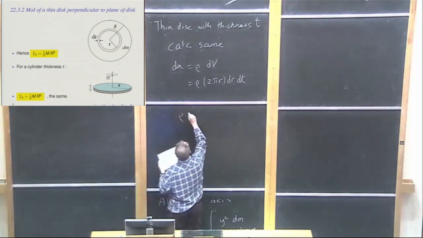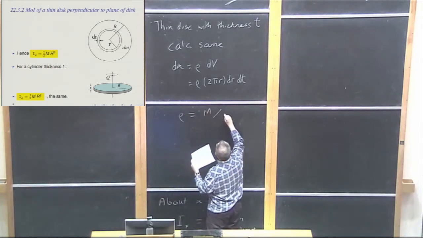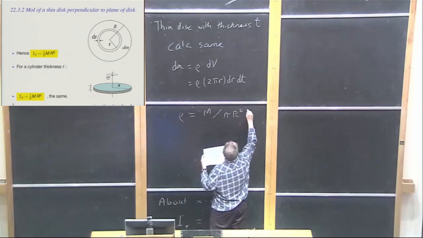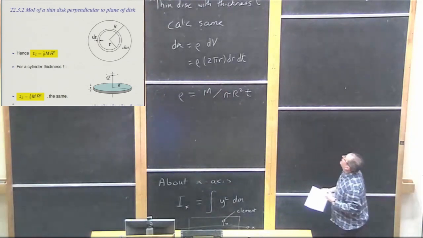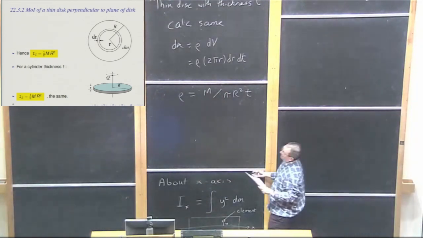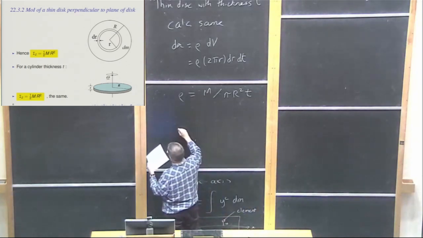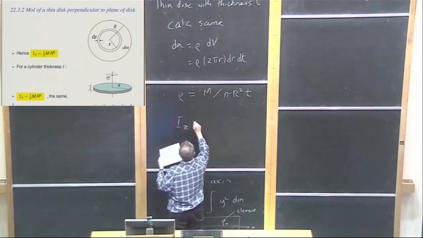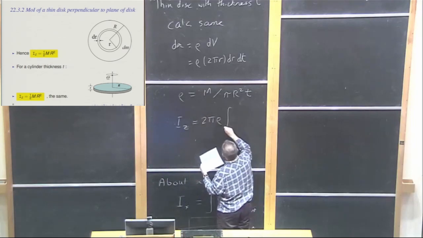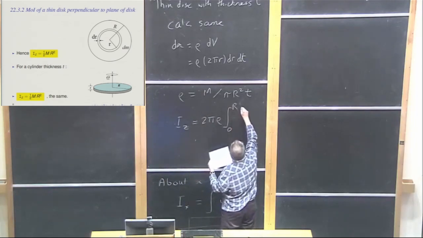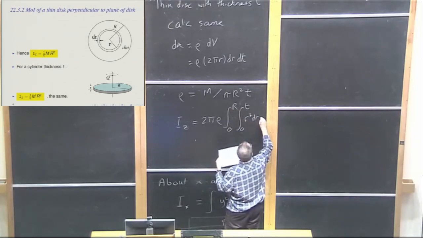And in this case, rho is going to be the mass divided by the total volume, which is pi R squared T. If you turn the handle, and forgive me for going straight to the answer because it really is trivial, let me write the intermediate sum: I z is 2 pi rho, the integral from 0 to R and from 0 to T of r cubed dr dt.